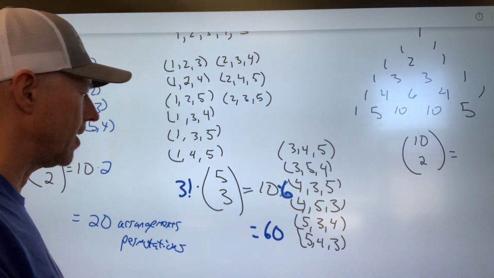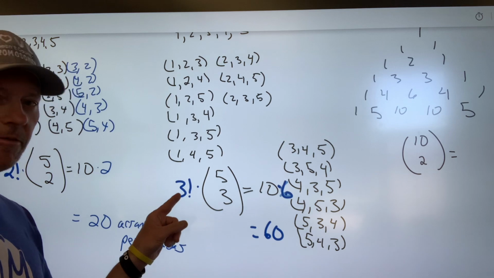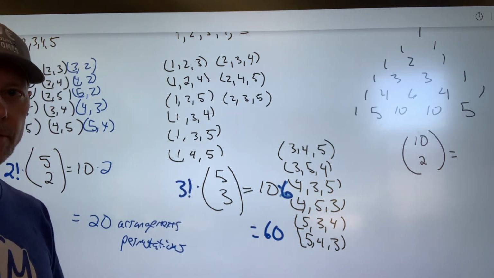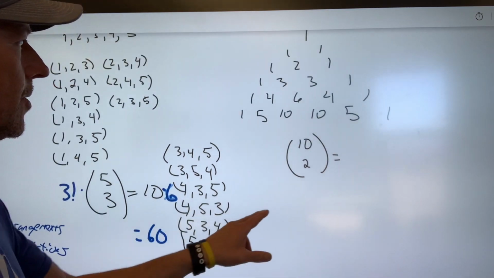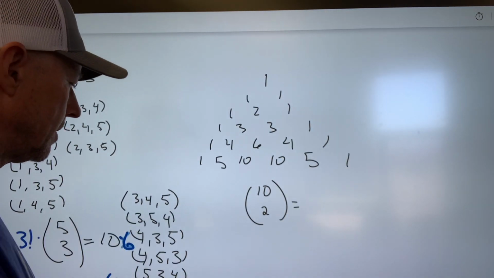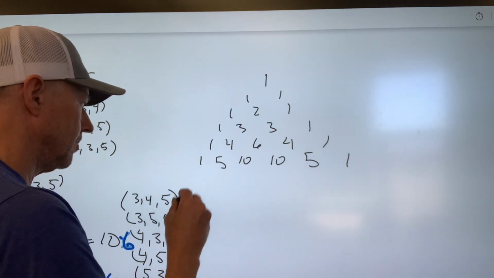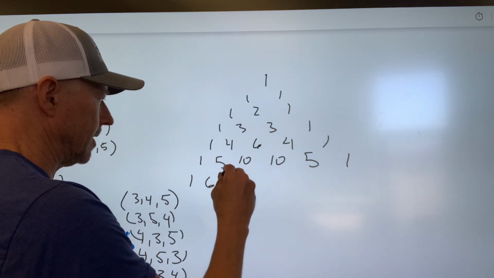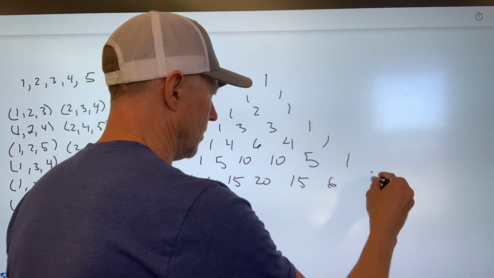So the general pattern is whatever this number is, you have to multiply by that number factorial in order to get all the different arrangements. So let's extend the triangle to another row. This would be 6, 15, 20, 15, 6, and 1.